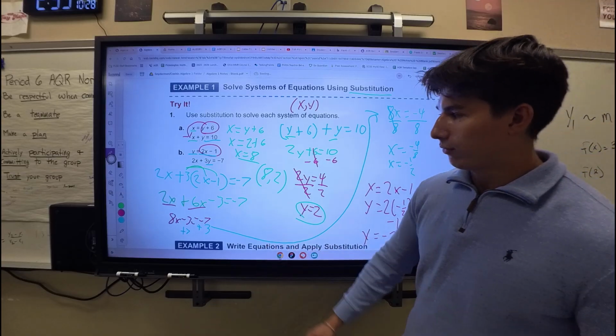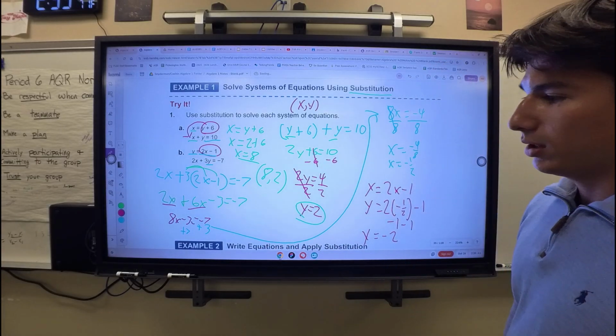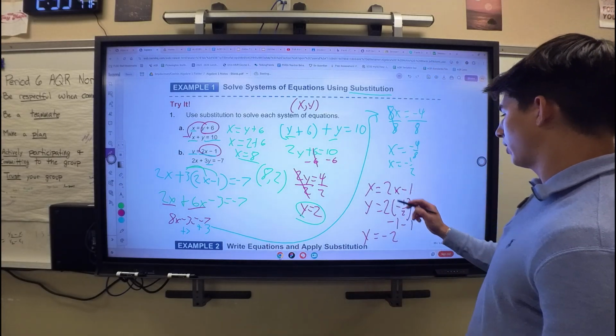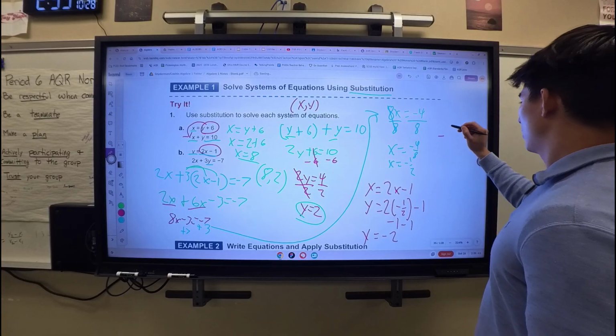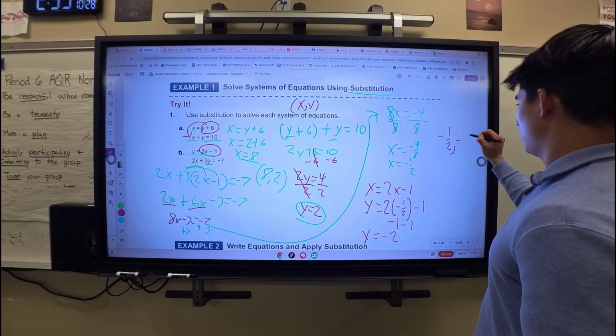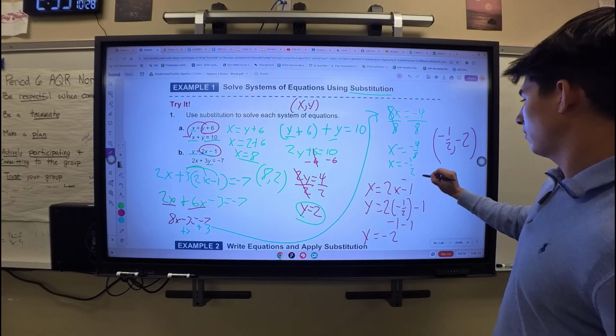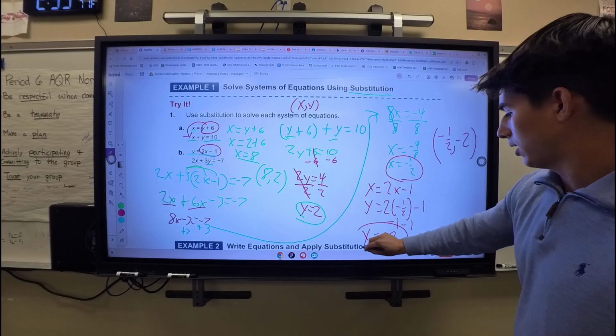And so our solution for part B becomes negative 1/2, negative 2, which we got from right here and right there.